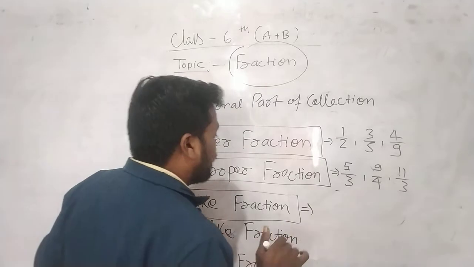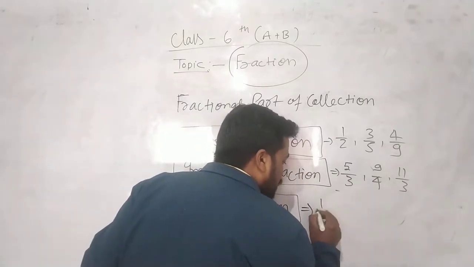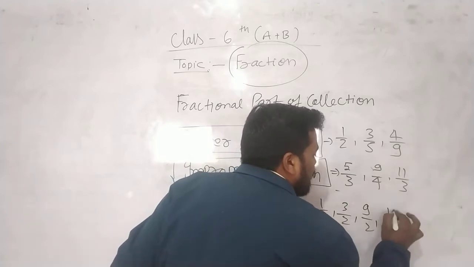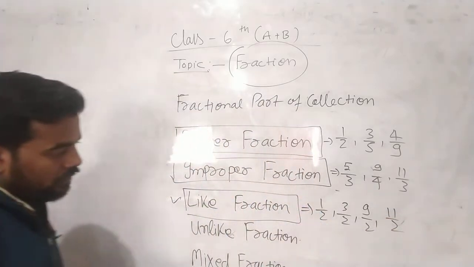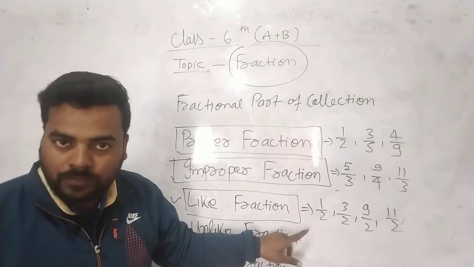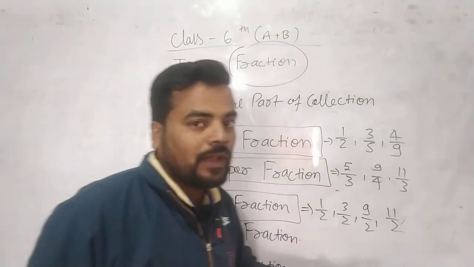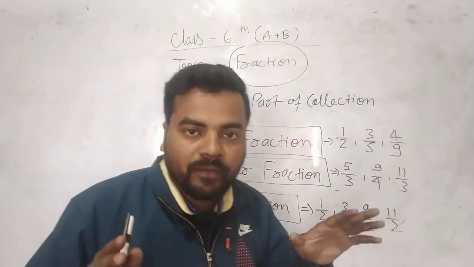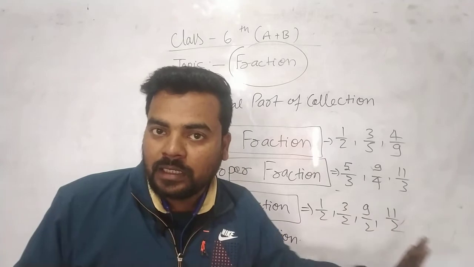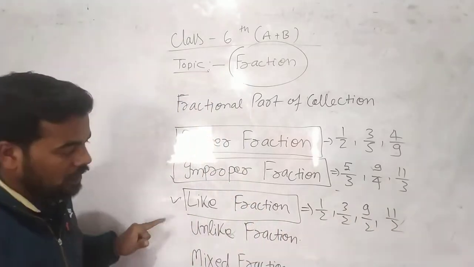Suppose 1/2, 3/2, 9/2 and 11/2 we have to take. You will notice that in these fractions all the denominators are same. So a group of fractions in which denominator is same and numerator is different is called like fraction.